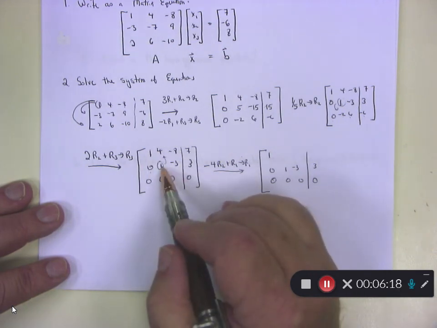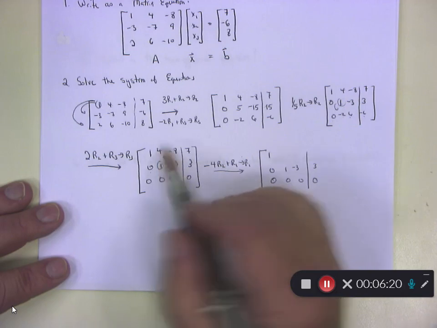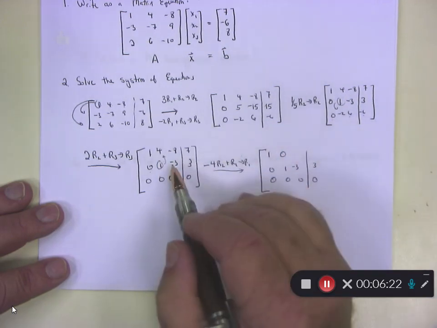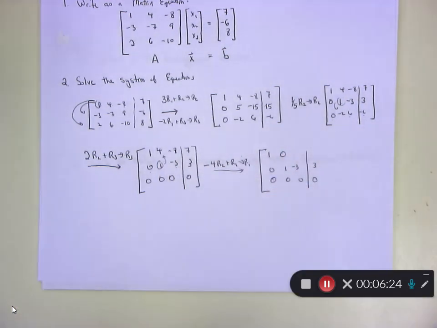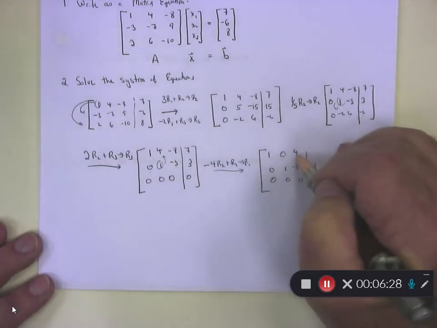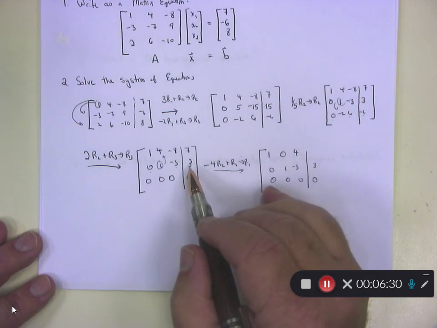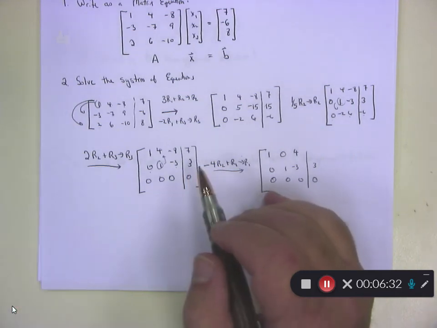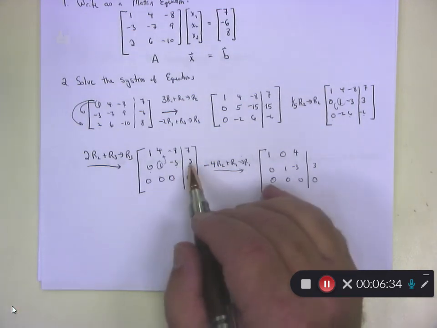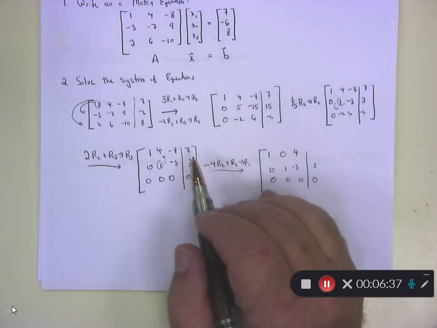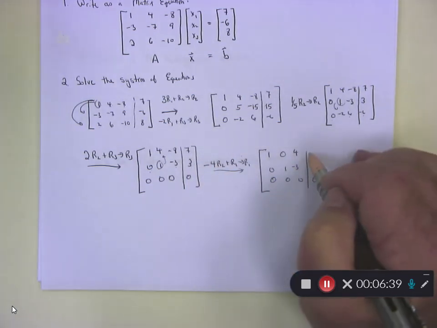Negative 4 times 1 is negative 4 plus 4 is 0. That was the point. Negative 4 times negative 3 is 12. And 12 minus 8 is 4. And then last, negative 4 times 3 is negative 12. Plus 7 makes it a negative 5.